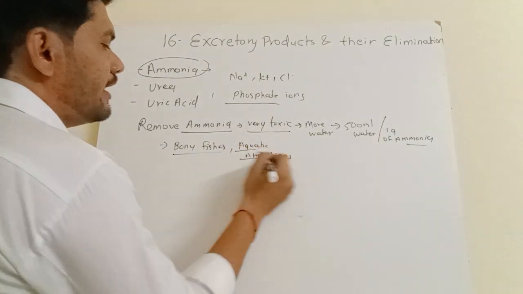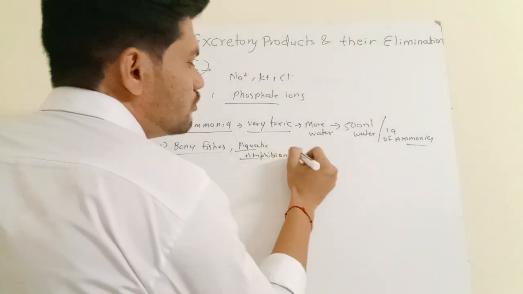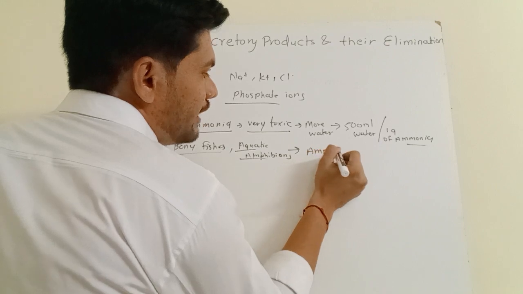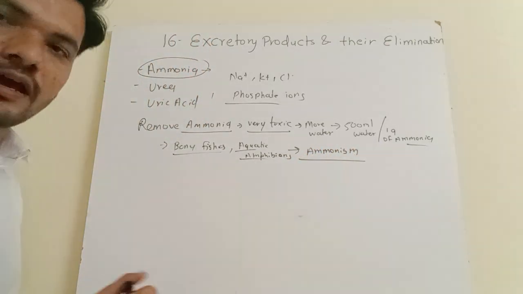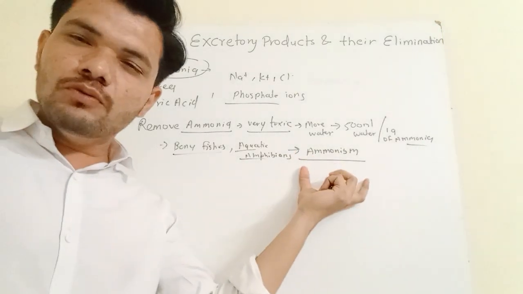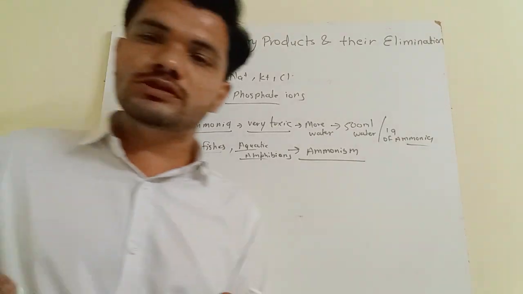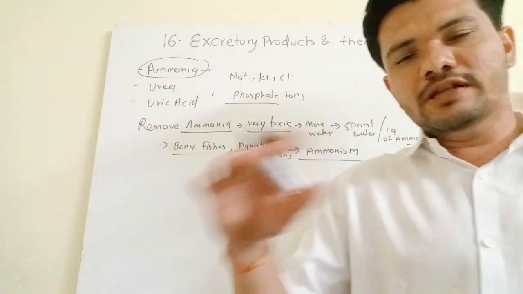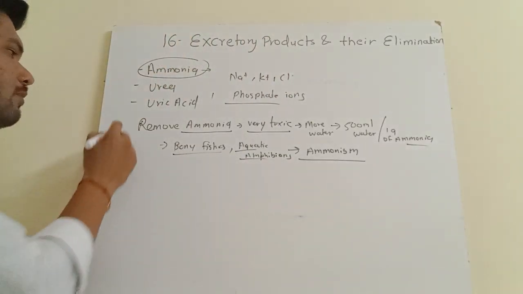These kinds of organisms do this kind of excretion called ammonotelism. So the organisms constantly removing ammonia are performing ammonotelism, right? Ammonia is directly diffused out of their body through body surfaces or gills. So this is the first type of excretion.